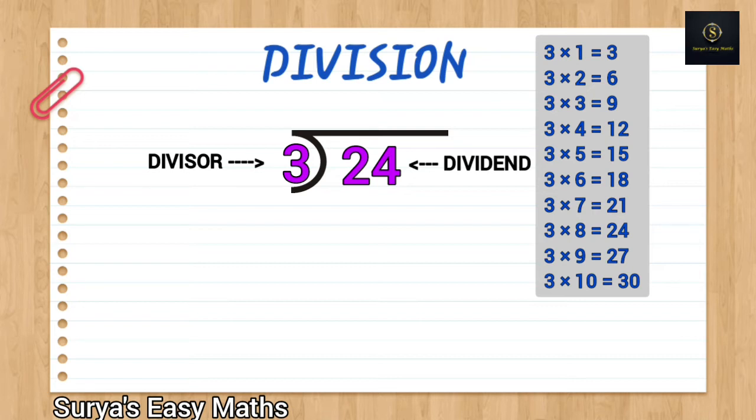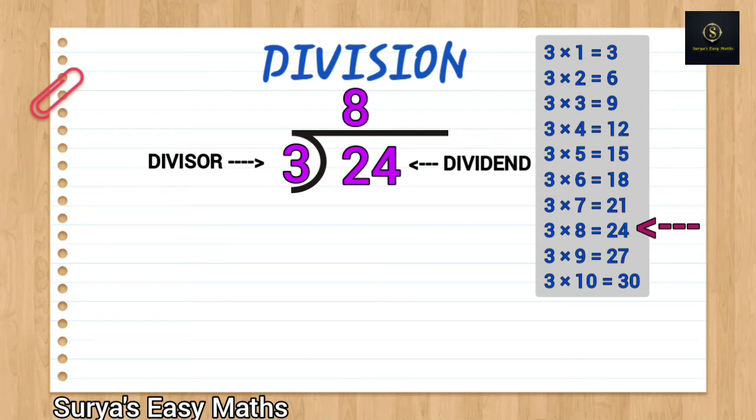Let's recall the table of 3. 3 ones are 3, 3 twos are 6, 3 threes are 9, 3 fours are 12, 3 fives are 15, 3 sixes are 18, 3 sevens are 21, 3 eights are 24. So children, when does 24 come in the table of 3? Yes, at 8 times.